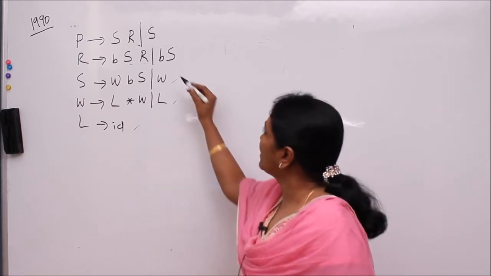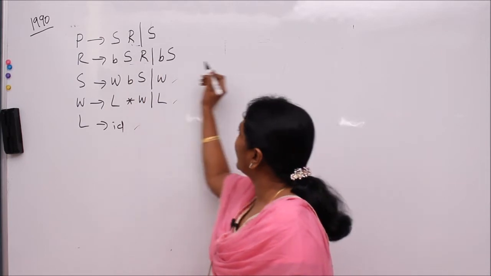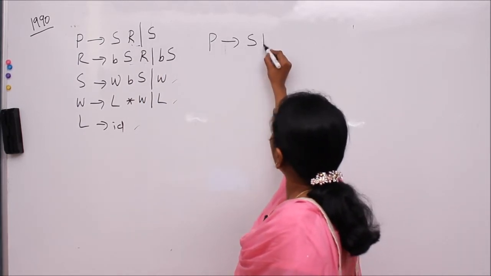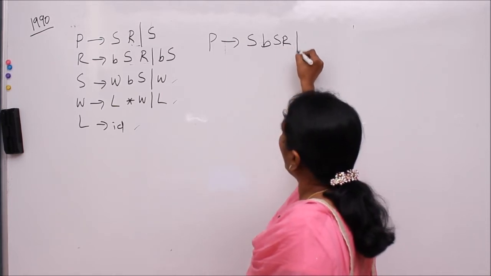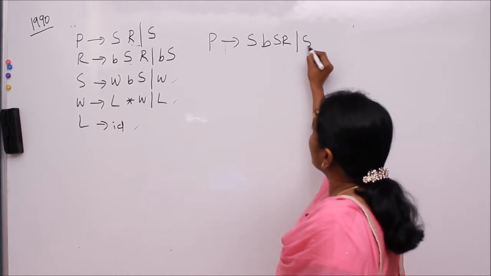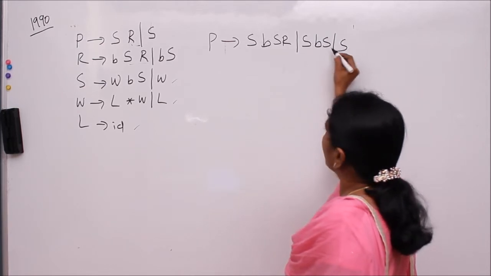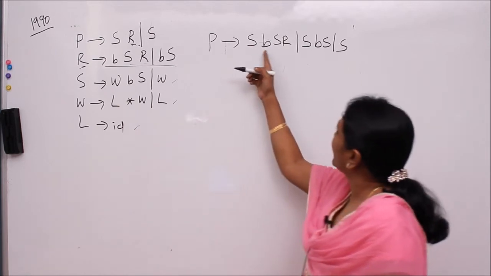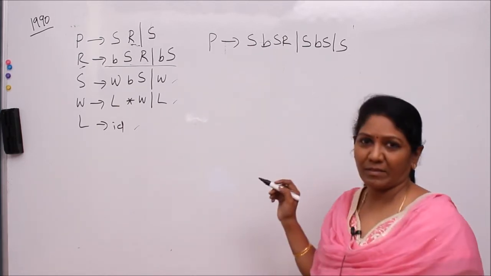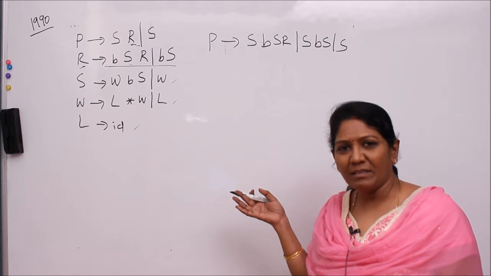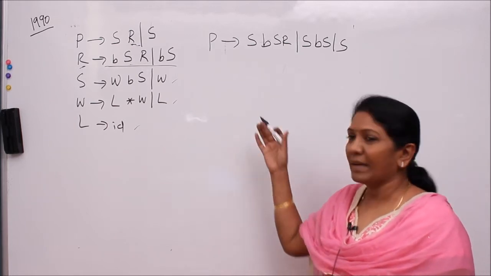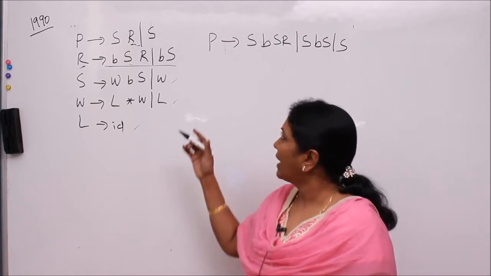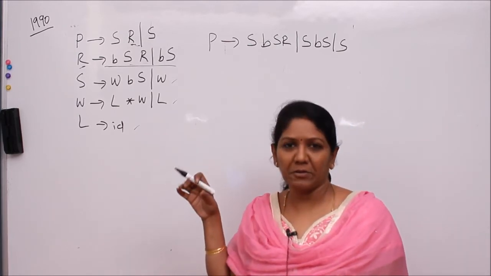Now let us see how to write the equivalent operator grammar. For that, look at this. If I substitute for R here, what happens? P can be S, R is what? BSR, R, S, BS, R, S. I have simply expanded this R by these rules. Then what I get? SBSR, SBS, RS. By expanding R like this, are we able to avoid adjacent non-terminals occurring together?